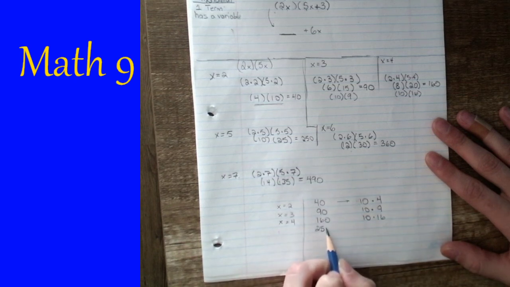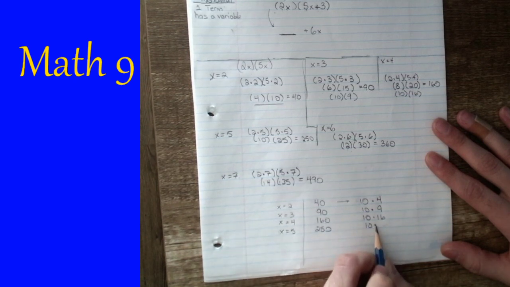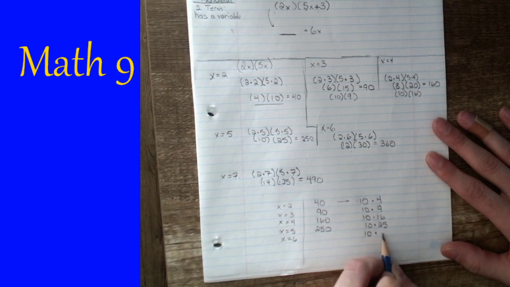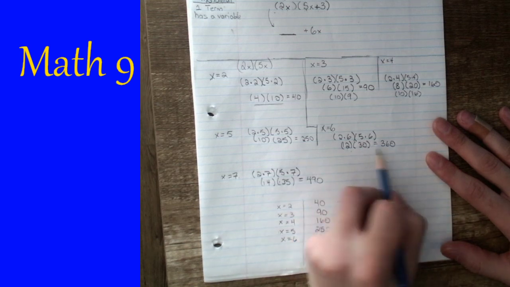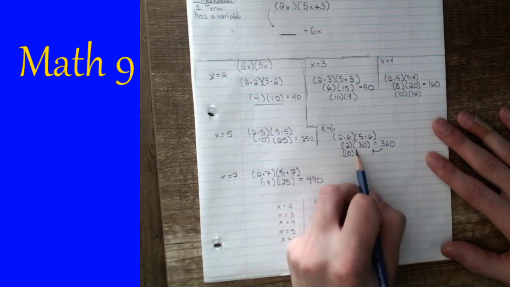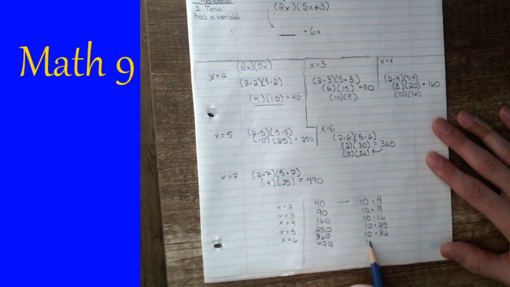Okay, 250 was the next one. x was equal to 5 in that case, and that's 10 multiplied by 25. Next should be 360, which I can rewrite to be 10 multiplied by 36. And last, 490 can be rewritten as 10 multiplied by 49. That's x is equal to 7.